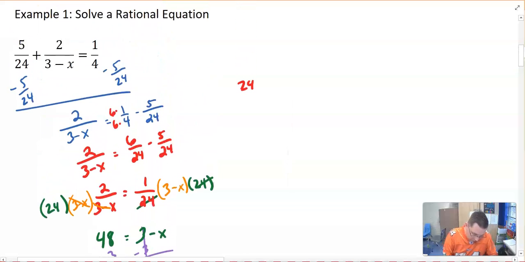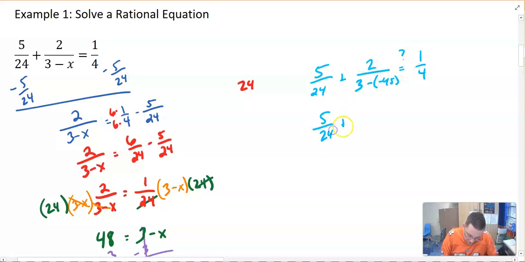So, coming back to our original problem, 5 over 24 plus 2 over 3 minus negative 45 is equal to 1/4, question mark. 5 over 24 plus 2 over, this is a double negative, so 3 plus 45, that's 48, is equal to 1/4.